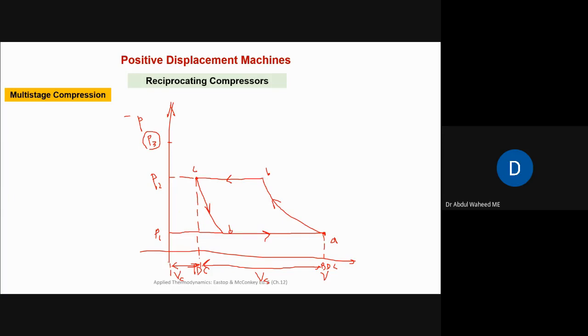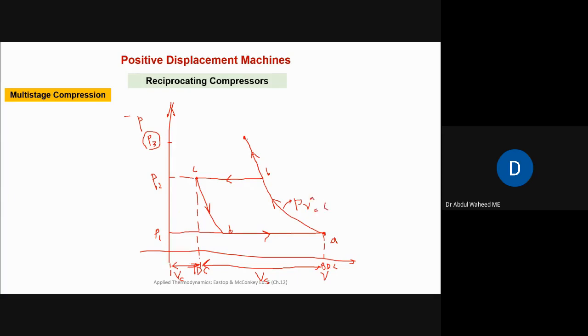It means that the same fluid, during the compression stroke, we want to compress it till this point, P3. And this process will continue. What is this process? This process is following PV to the power n is equal to a constant.